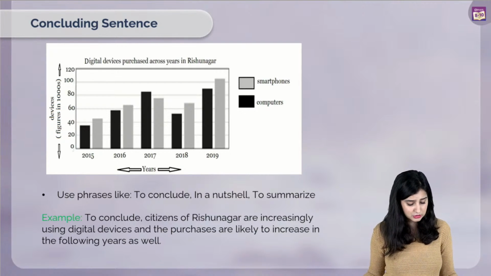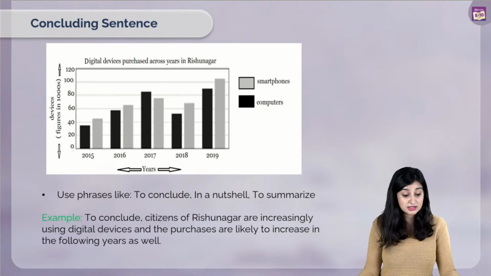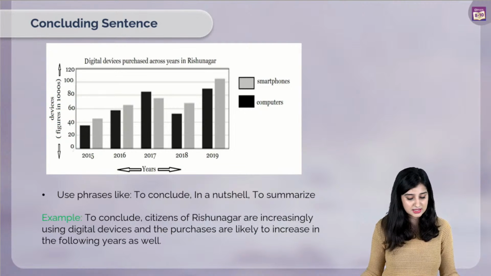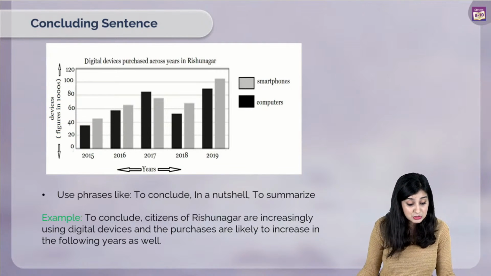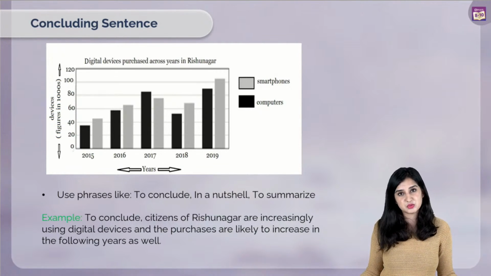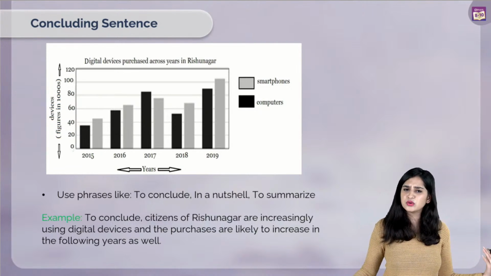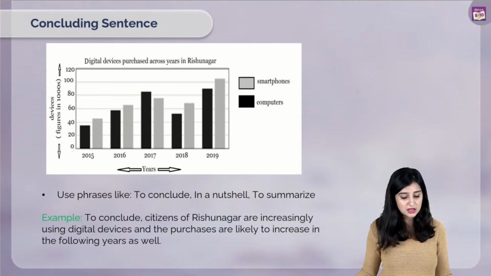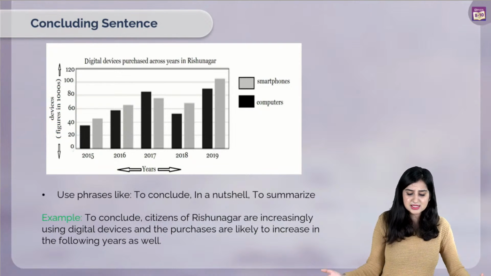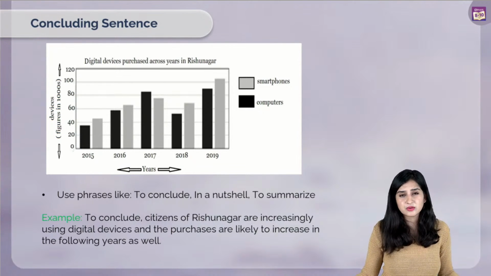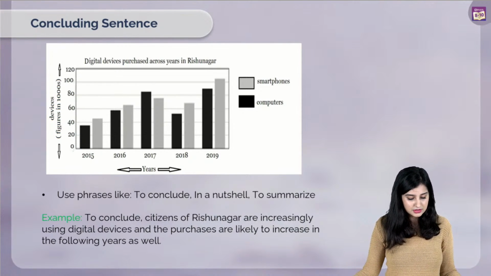We said, to conclude, citizens of Rishunagar are increasingly using digital devices and the purchases are likely to increase in the following years as well. Because the trend has gone up, we have no reason to believe that it won't go up further. So we are saying that it is likely that this will increase in the following year as well.